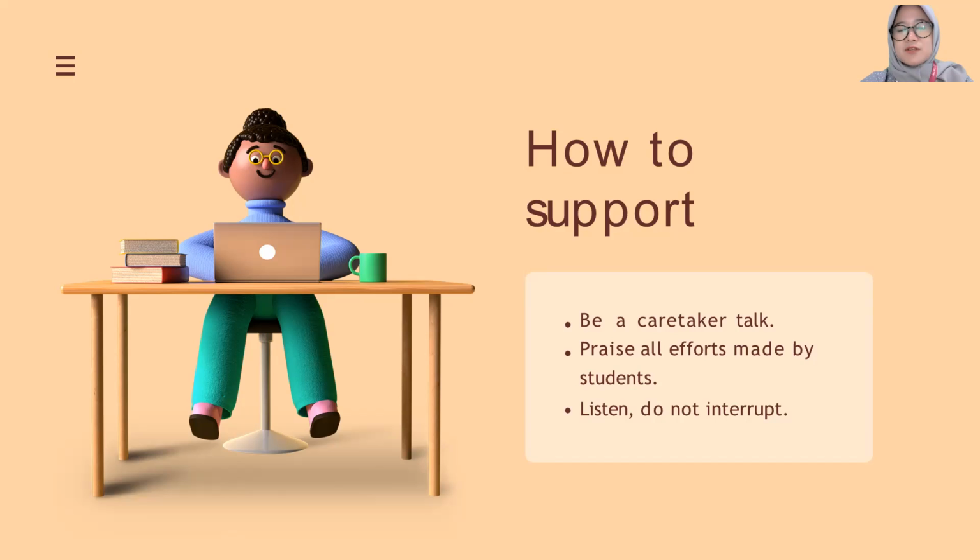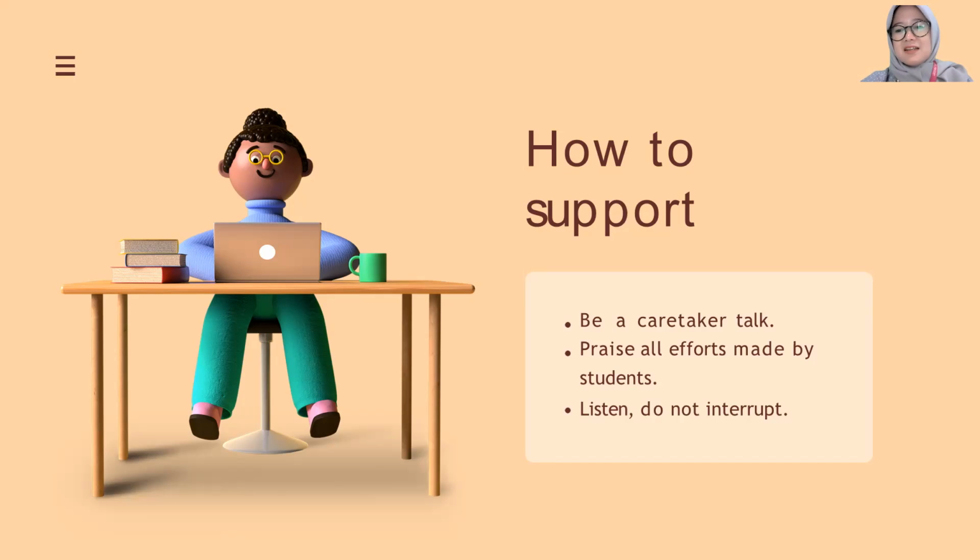And then praise all efforts made by students. You have to give always positive comments to them, no matter how small their effort is. Okay, always give them positive comments. So it will encourage them to try again, and they will speak again. Okay, try to speak what they learn again and again.